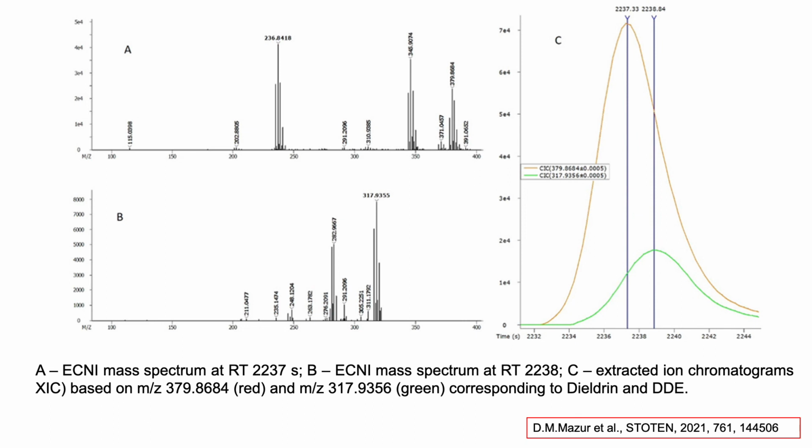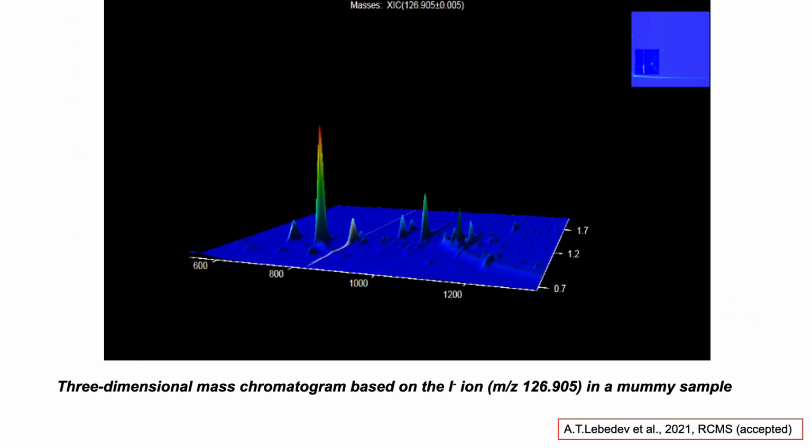And spectrum A looks like dieldrin or aldrin or another isomer of those particular compounds. However, knowing the retention time of DDE, we could easily understand that we are dealing with dieldrin because its retention time is almost the same as that of DDE. It was really interesting.